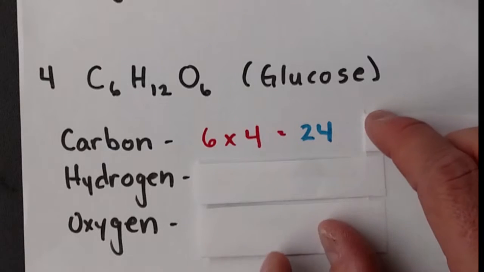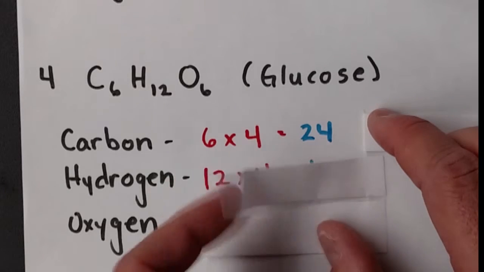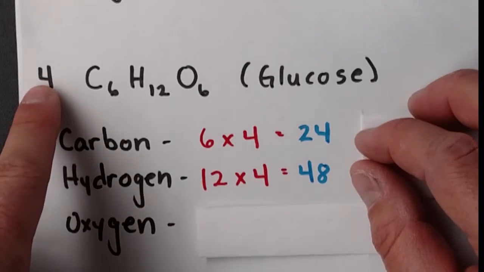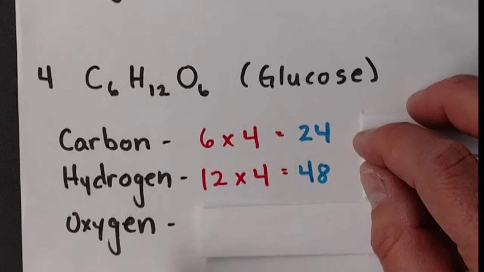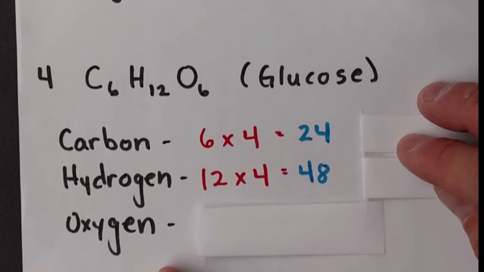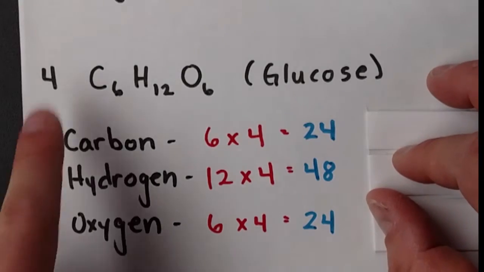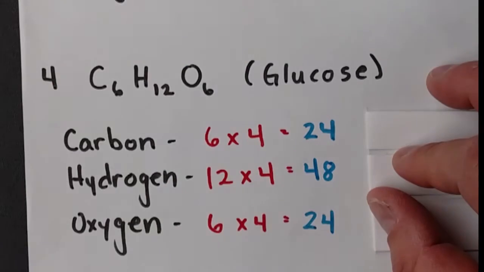What about for hydrogen? Did you get 48? 12 times 4, 48. And lastly, for oxygen, hopefully you've got 24. 4 times 6, 24.